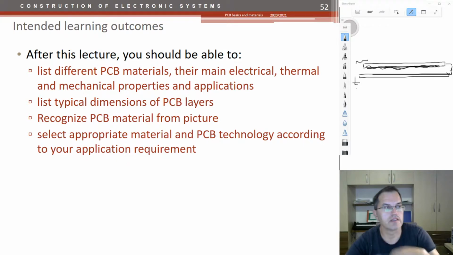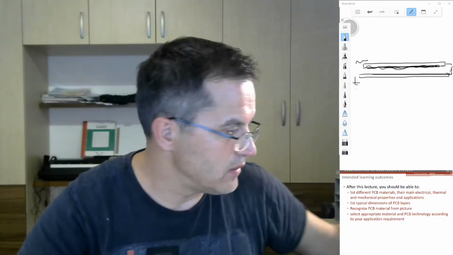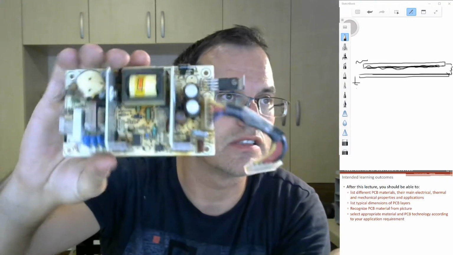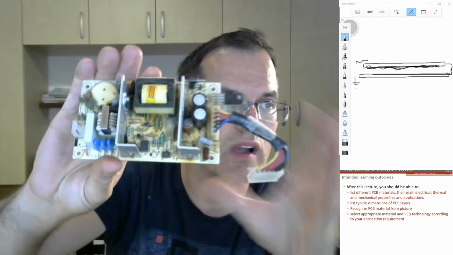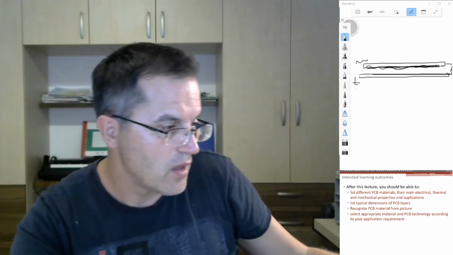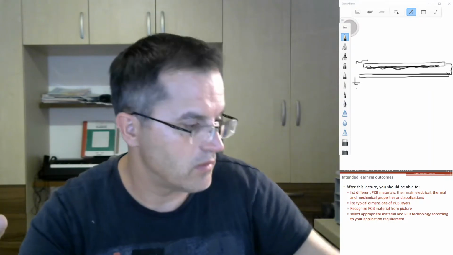You should know the material from the picture. If I show you, let's say, that one, then you should know, okay, it's low-end single-sided electronics. It's not transparent. It has this whitish brown color. It is either CEM1 or FR1. Or maybe I can show you this one here.